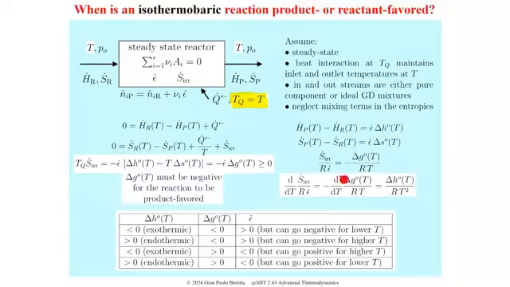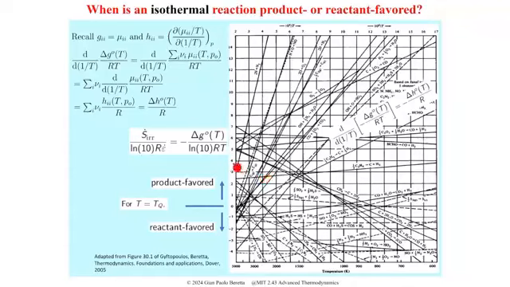So the rate of change of the Gibbs free energy divided by RT with respect to temperature is equal to the enthalpy of reaction divided by RT squared. This is that relation. And that is the proof.